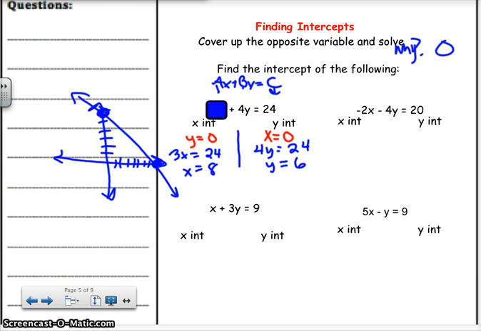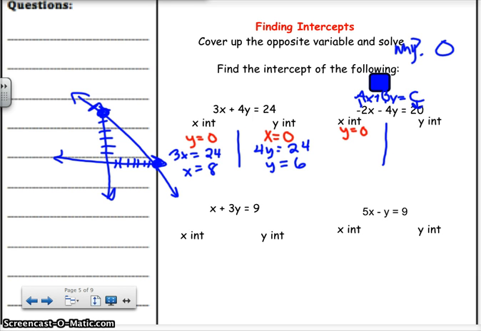All right, this is another equation. It's in standard form. Ax plus By equals C. I'm going to find my x end and my y end. So my x end, y is 0. I don't go up or down anything.